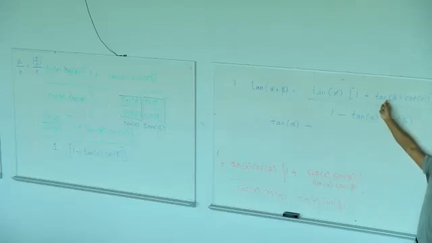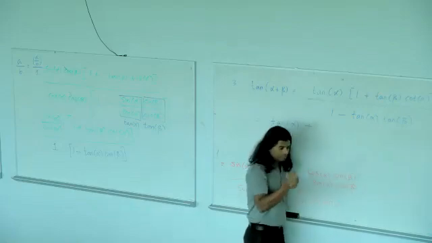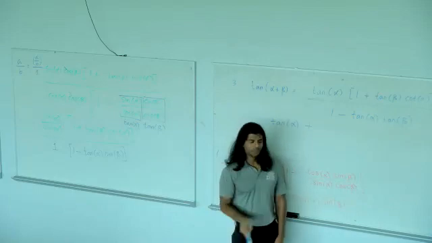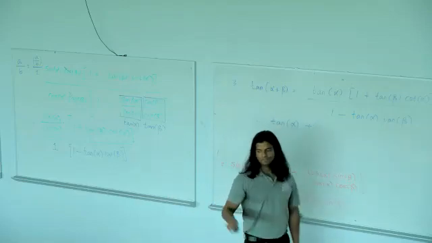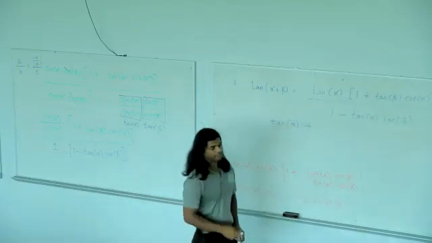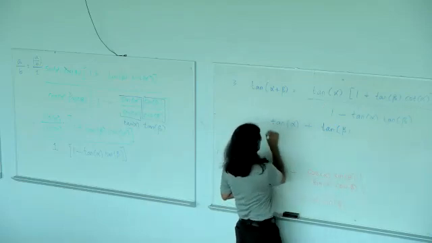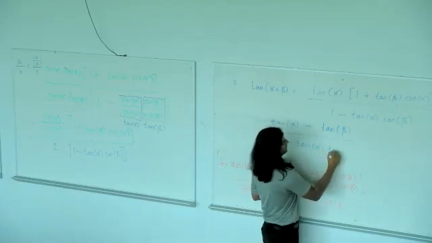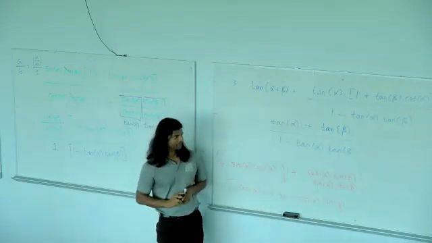Cotangent is 1 over tangent, so tangent times cotangent is 1. Multiply sine by cosecant, you get 1. Cosine by secant, you get 1. So you simply have tangent beta over 1 minus tangent alpha tangent beta. Good. That is the formula.